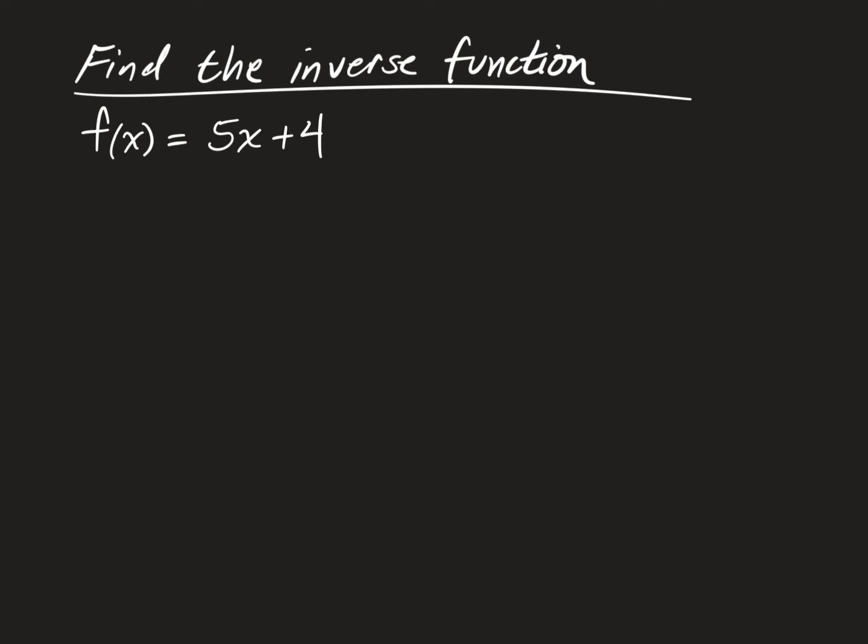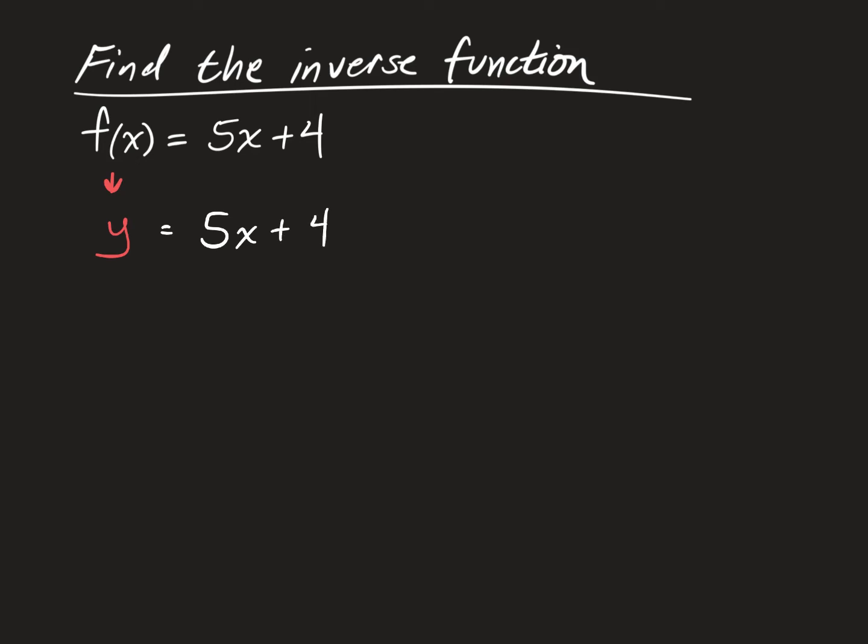For the first example here, we're going to find the inverse function for f of x equals 5x plus 4. And generally speaking, you will be given functions that are already one-to-one. So the first thing we'll do is go ahead and replace the f of x with y, because after all, that is all f of x is doing anyway. It's taking the place of y.